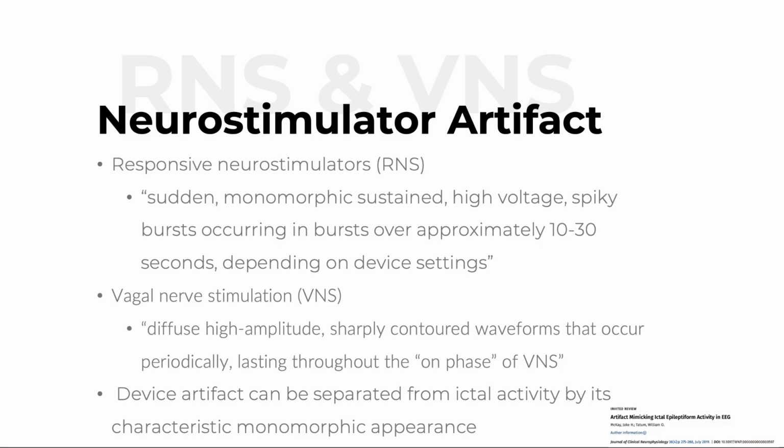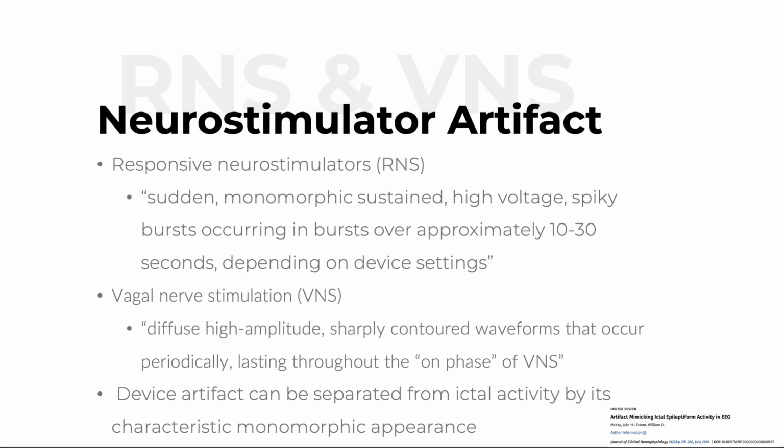RNS and VNS, neurostimulator artifact. This is a machine kind of artifact, and I took some quotes out of our paper again, and basically you get very sudden monomorphic sustained high voltage spiky bursts sometimes with RNS discharges, and that can be really important to note if a patient has a device, so they're not overcalling abnormalities.